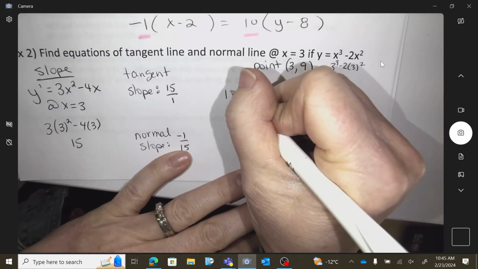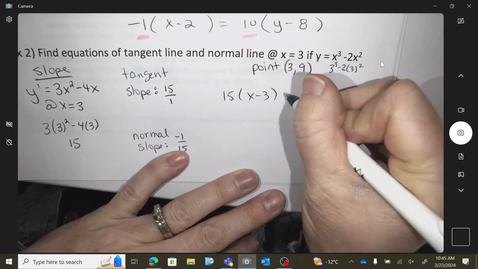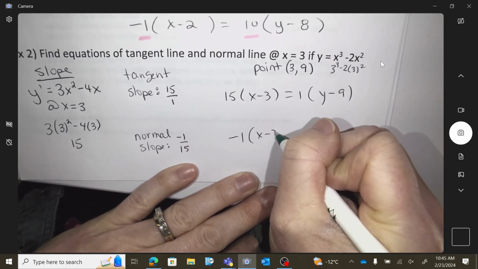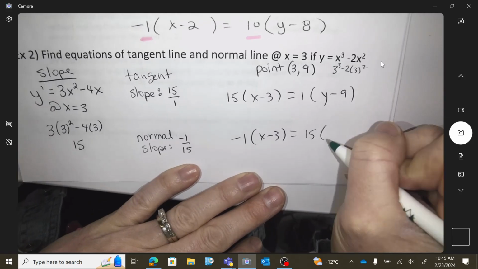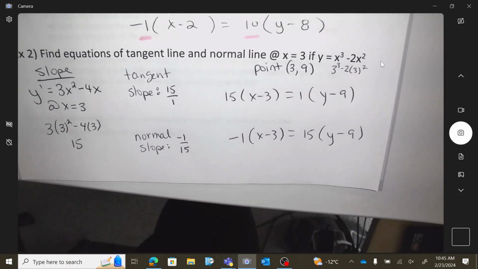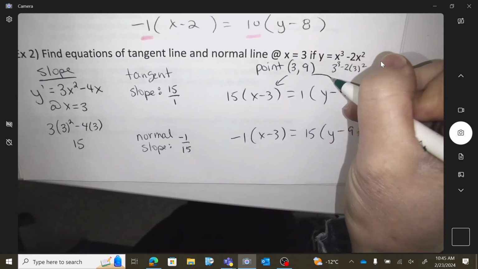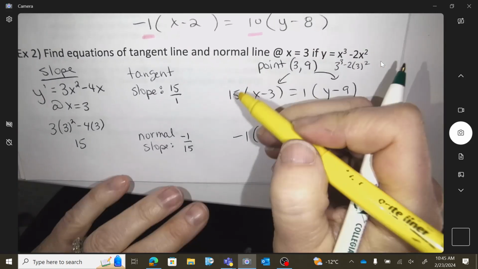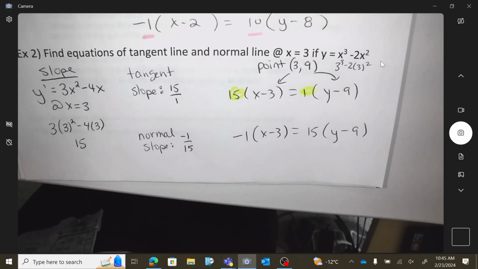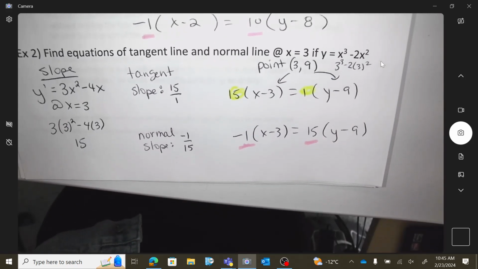Okay, so here's your answer. There's my point plugged in, and you can see how I wrote the tangent equation, and then here's the perpendicular normal equation.